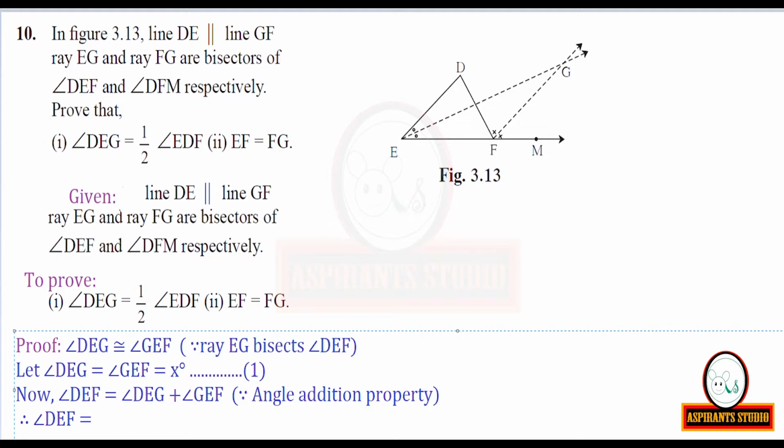You will get measure of angle DEF is equal to x degrees plus x degrees. That is equal to 2x degrees. You have to write the reason beside it, from equation 1. Take this equation, measure of angle DEF is equal to 2x degrees, to be equation number 2.